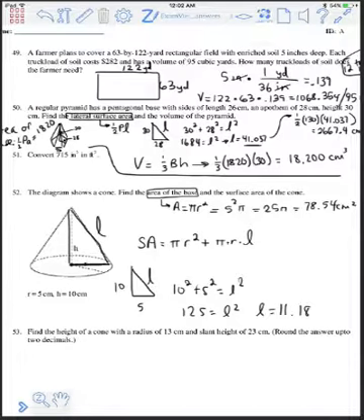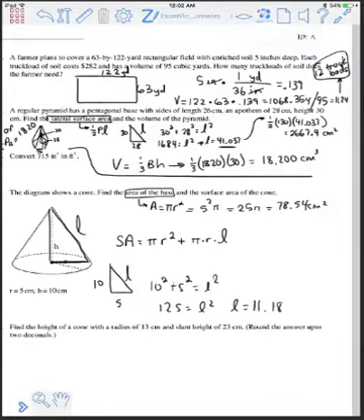Now, this part of the formula, pi r squared, we already found that. It's the area of the base, or the area of the circle. It's 78.54 plus pi times the radius times the slant height.